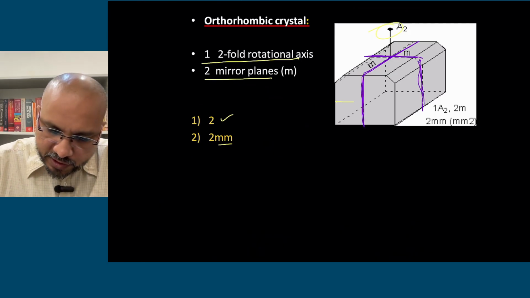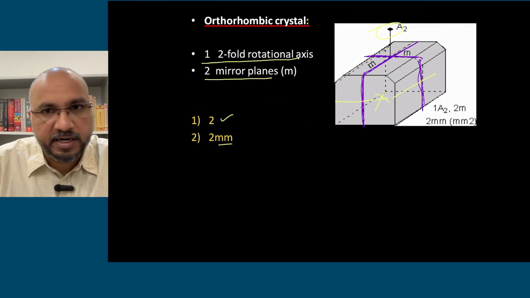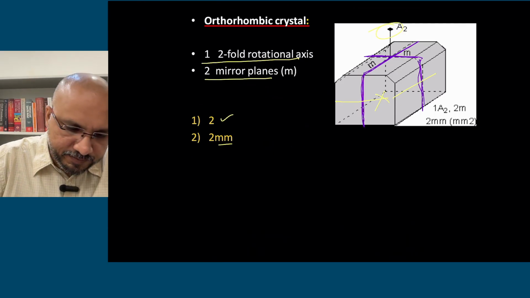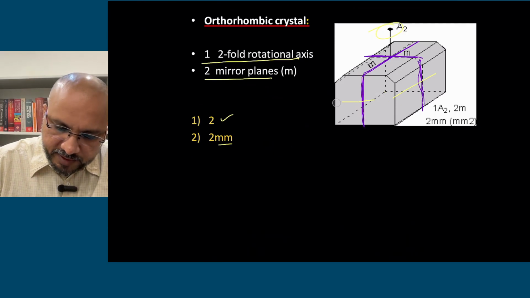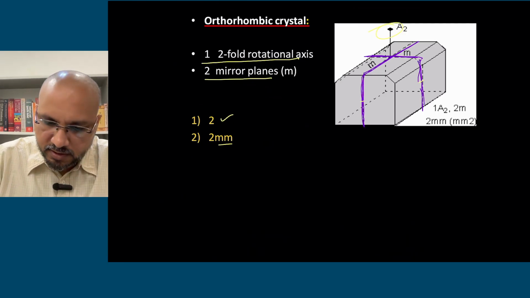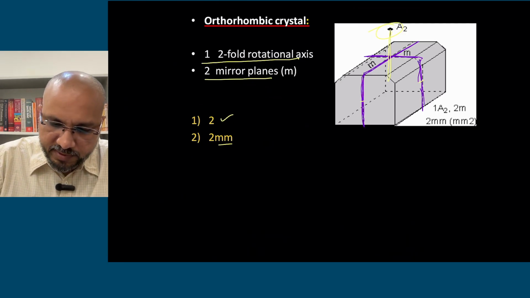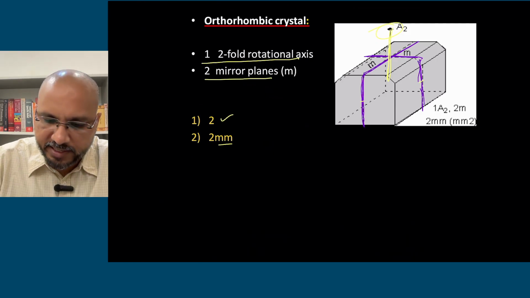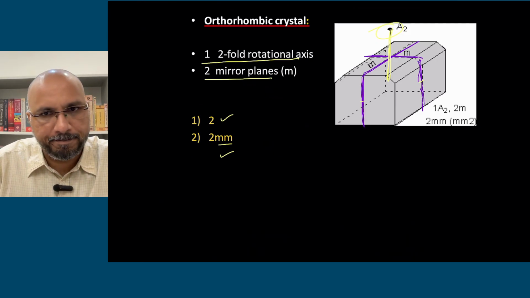So there is no horizontal mirror plane. There is no such mirror plane. So that is why we are not writing 2/m, because there is no mirror plane which is perpendicular to the two-fold rotational axis. So you will write 2mm.